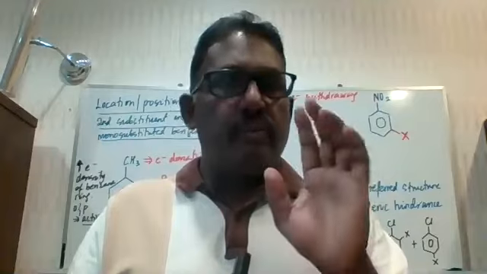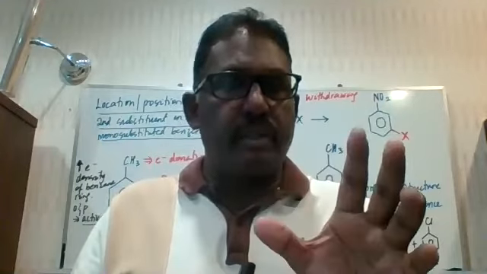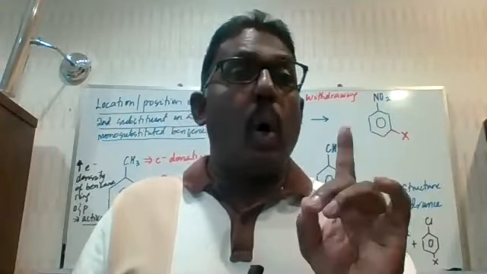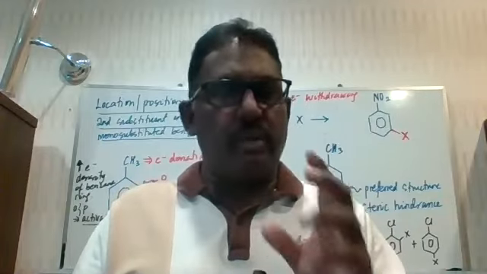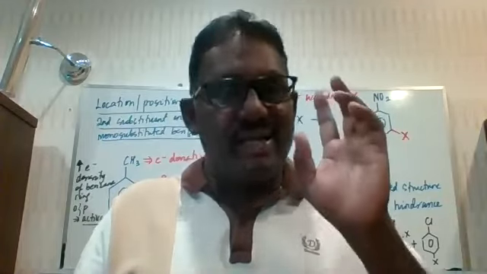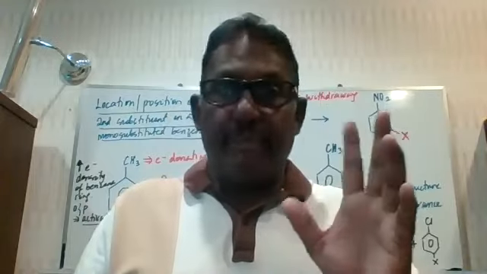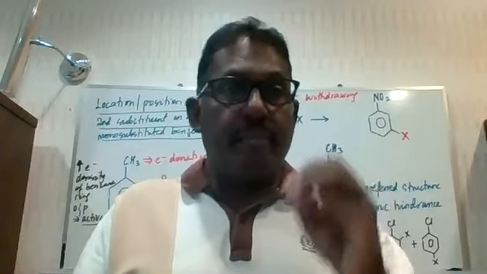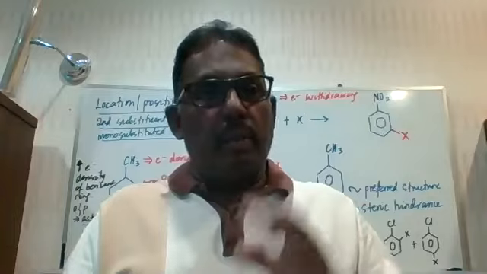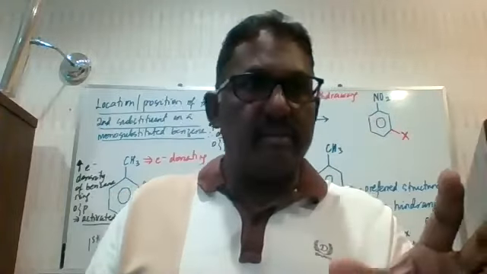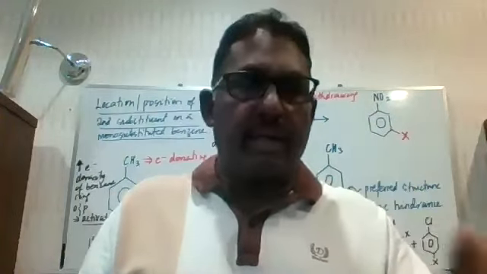All you have to do is find out whether there are all single bonds, or the presence of at least a double bond, not carbon-carbon. It can be any, like a carbon and oxygen double bond. The moment a double bond is present, it will be meta-directed.